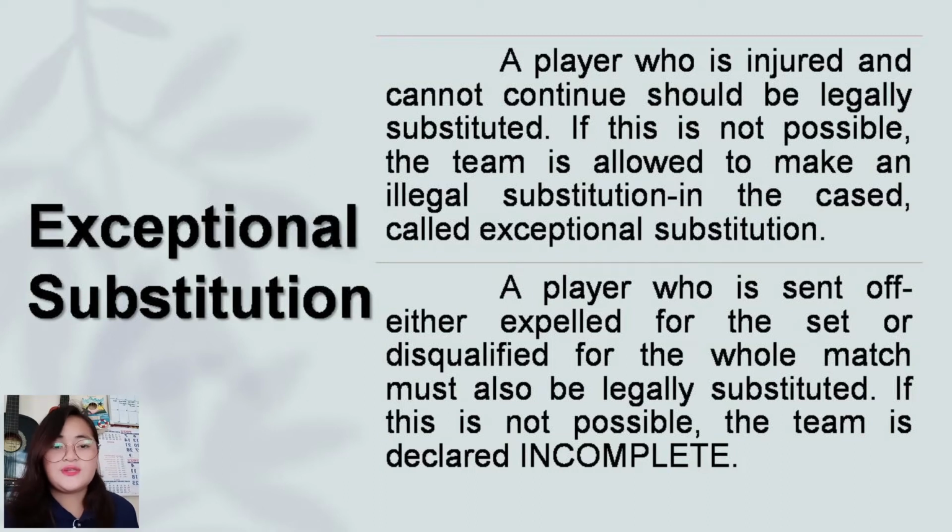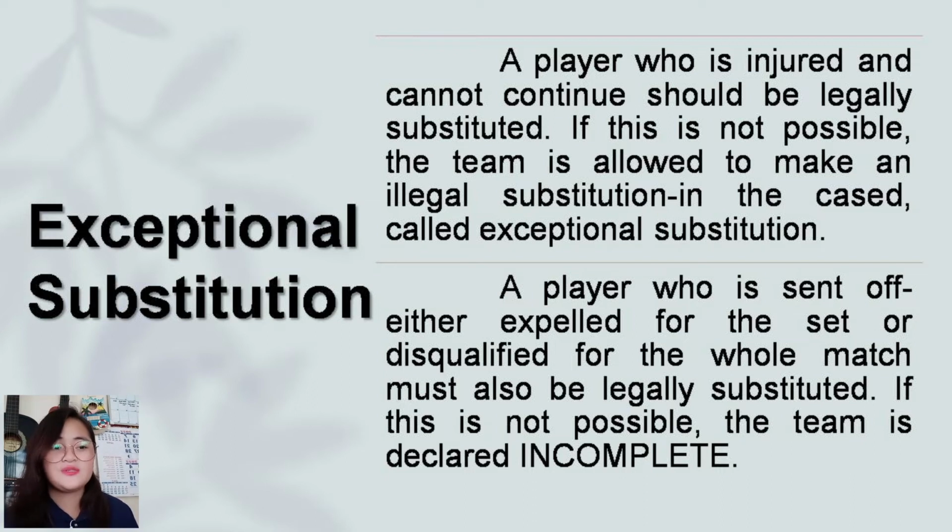Next is exceptional substitution. A player who is injured and cannot continue should be legally substituted. If this is not possible, the team is allowed to make an illegal substitution, in the case called exceptional substitution. A player who is sent off, either expelled for the set or disqualified for the whole match, must also be legally substituted.